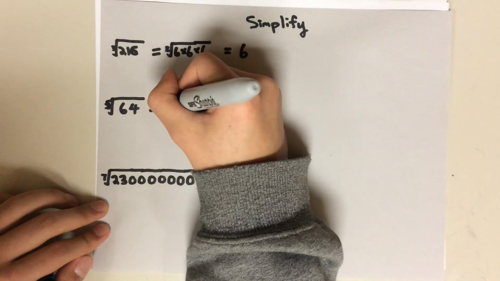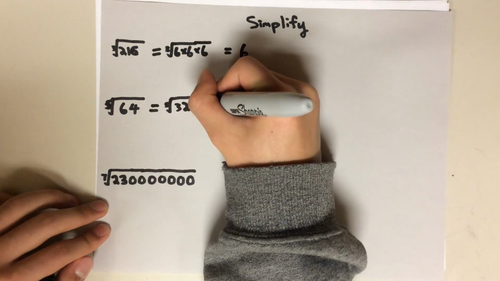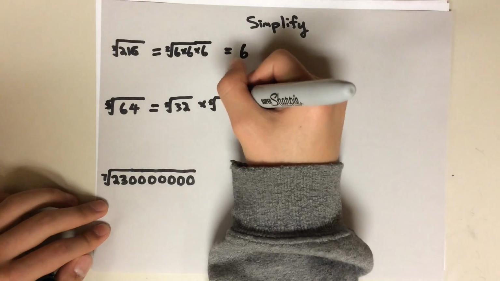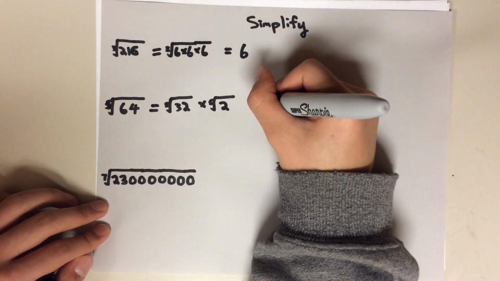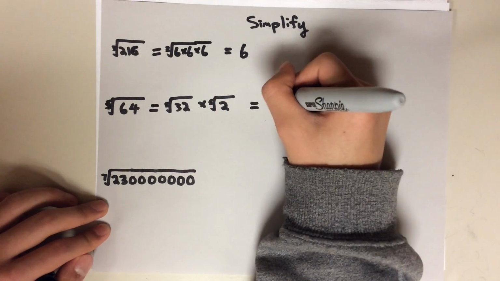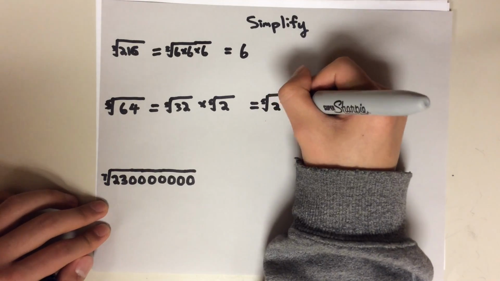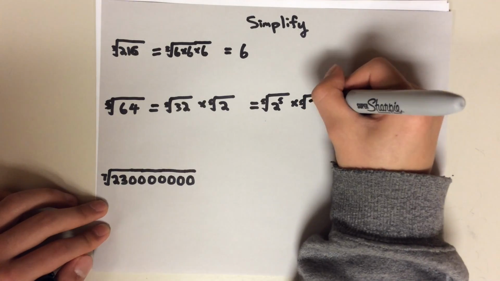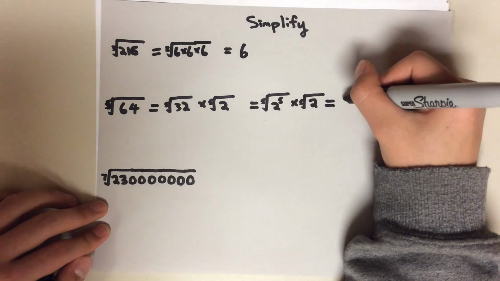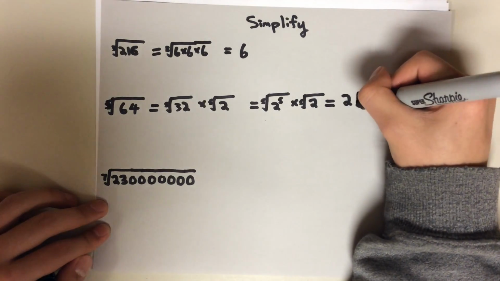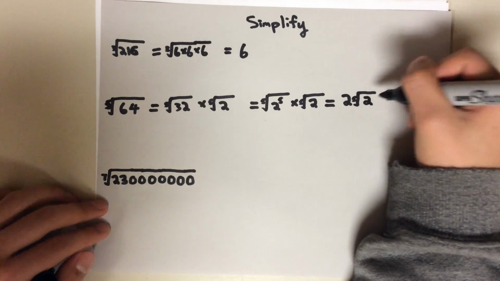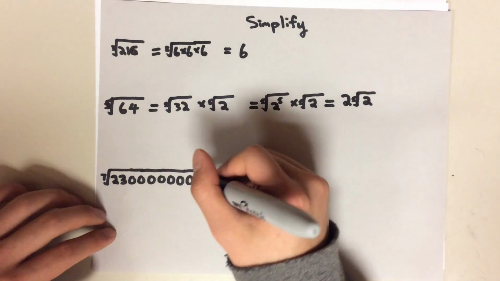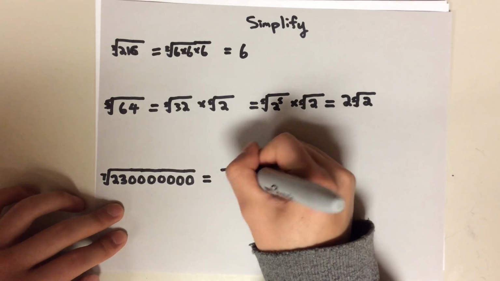What about the fifth root of 64? It is fifth root 32 times fifth root 2. If we simplify this even more, we get 2 to the power 5 inside the fifth root times fifth root 2. So the 2 to the power 5 inside the fifth root is just 2, and now we just get fifth root 2, so it's equal to 2 times fifth root 2.